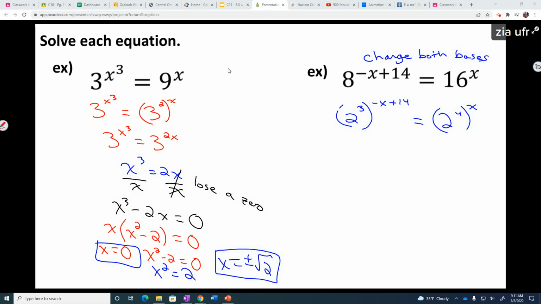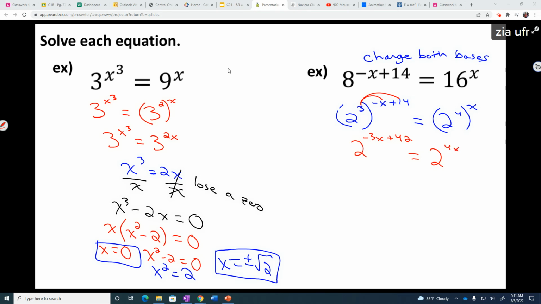So then we're gonna multiply. Now when you multiply this, you have to distribute the 3 to both of those. So it's going to become 2 to the negative 3x. What's 14 times 3? 42 equals 2 to the 4 times x is 4x.